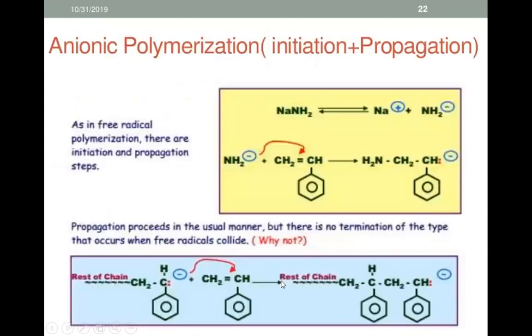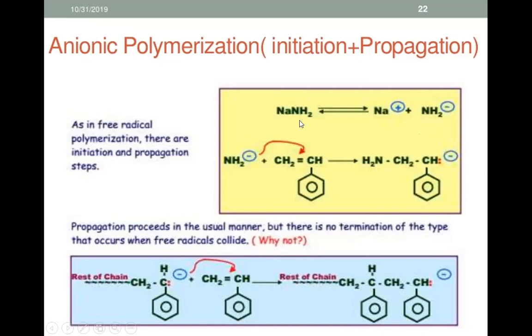Coming to the mechanism of the anionic polymerization, here the generation of anions will take place first. The generation of anions will take place, which may react with the monomer. Here, this is sodamide, NaNH2.